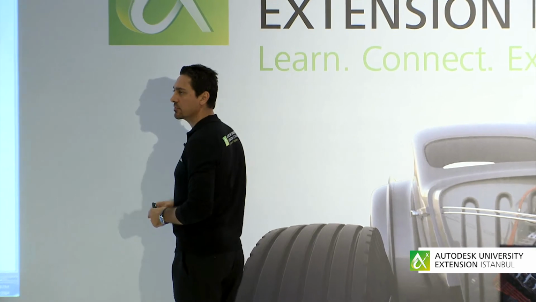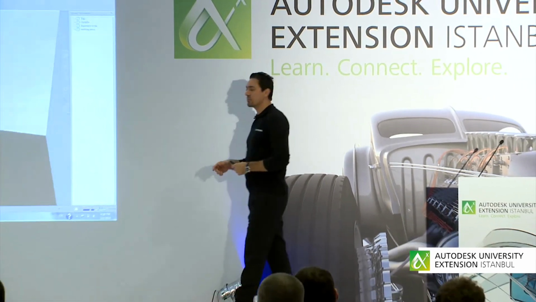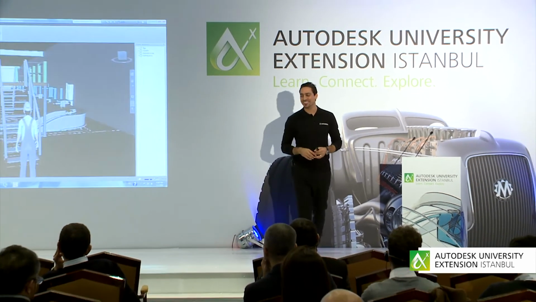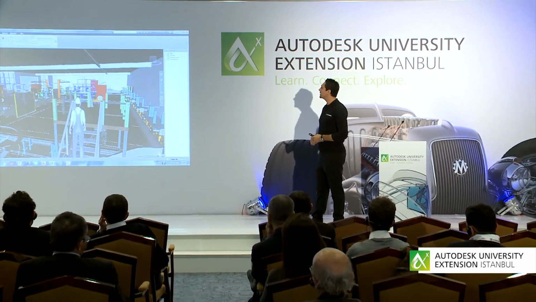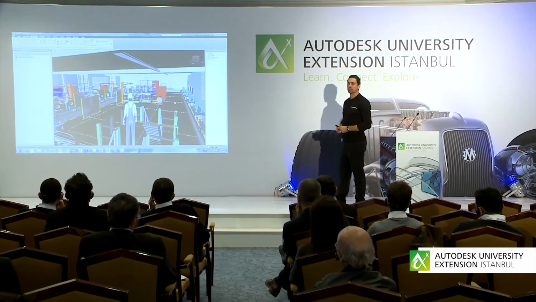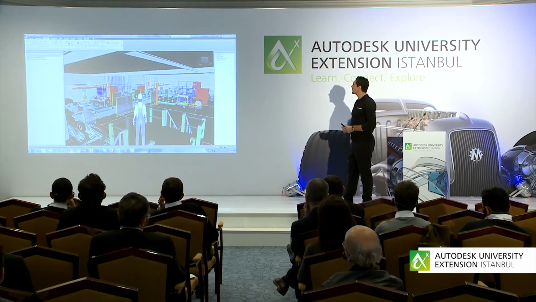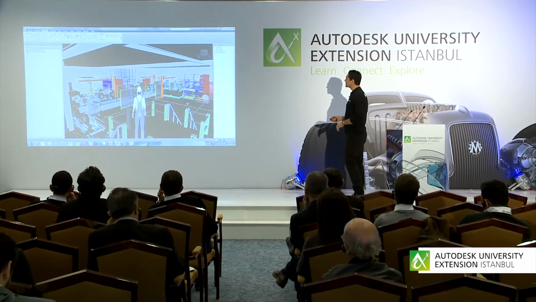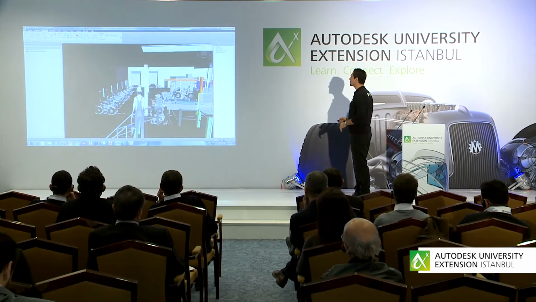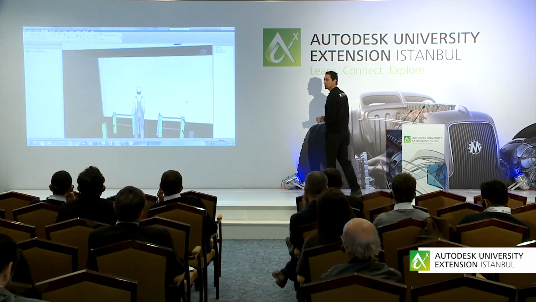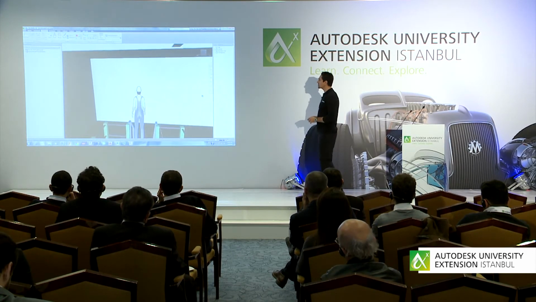So I can walk through here, I can see some units that are being built. I could even go up the stairs if I wanted to. And maybe get an overview of what the factory can look like. I can see all the different stations, the assembly station, maybe the welding station, the jigs and fixture station.